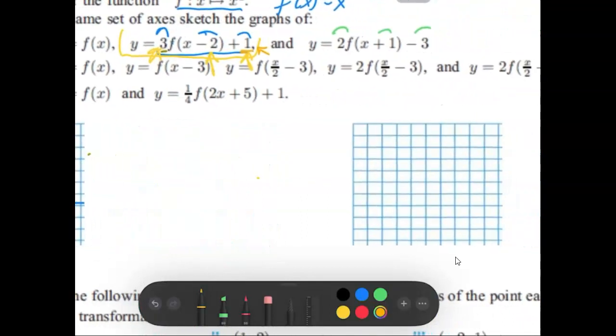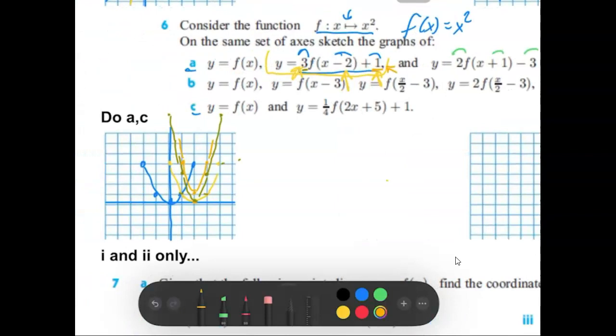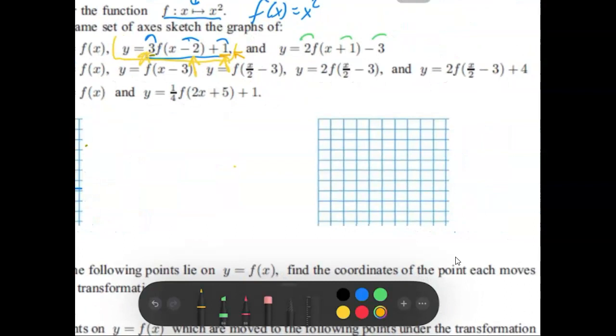Okay, now let's do this one here. I could do it on the same axis, but it's going to be a mess, so I'm going to do it on another axis. So now let's do this one here. What we're going to do is start with the same parent function.